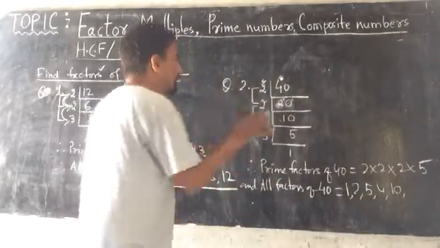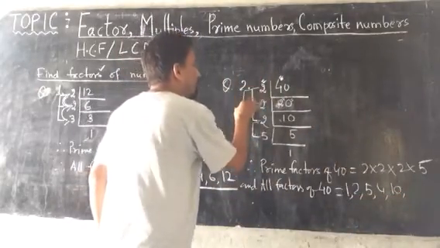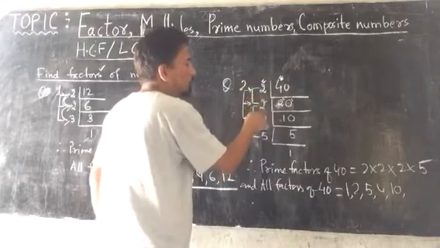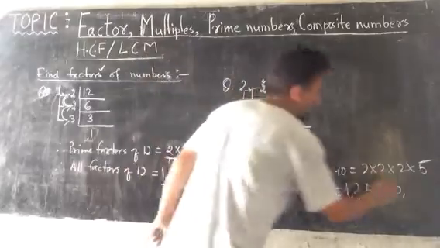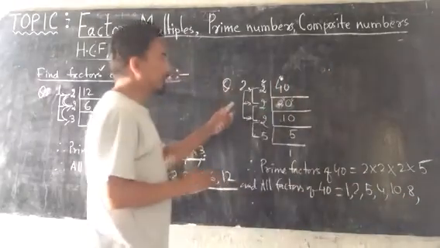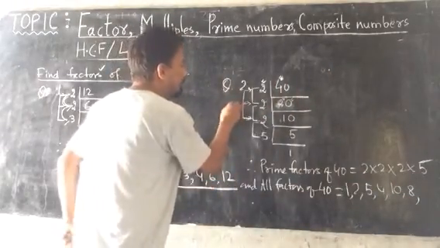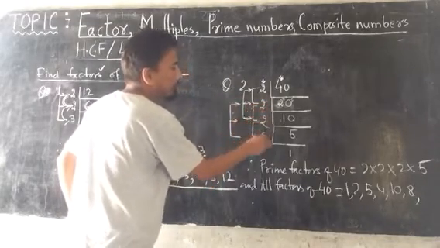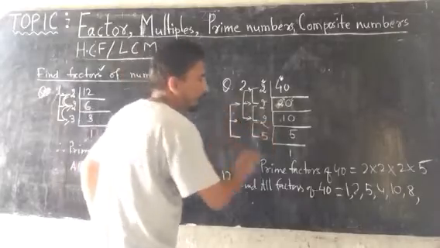2 multiplied, now you multiply these 3. 2 2s are 4, 4 2s are 8. Try to understand. Now you multiply these 3. 2 2s are 4, 4 5s are 20.